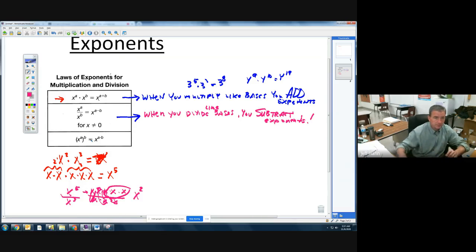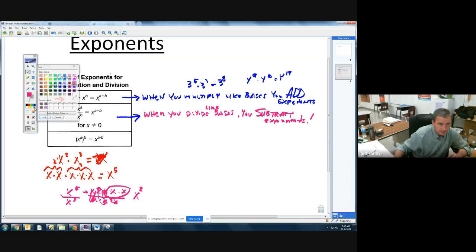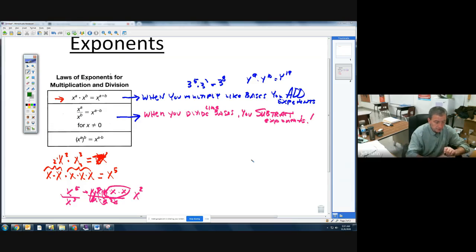Now, children, here comes probably what could be the most exciting one of the day. Let's look at this third thing, which is exponents to exponents. Again, I'm going to come over here so I have the room. Let's say I have x to the third power, and that whole quantity is getting cubed.